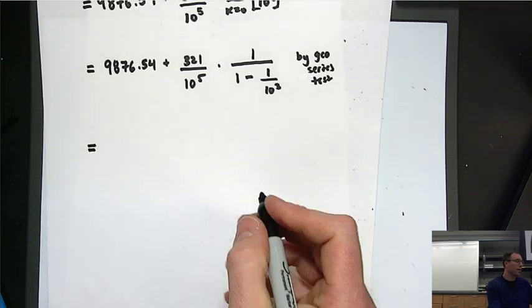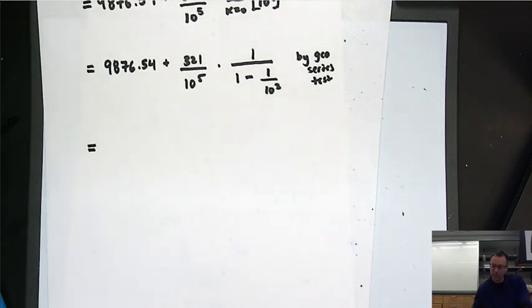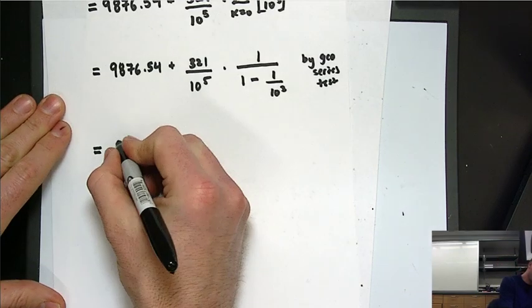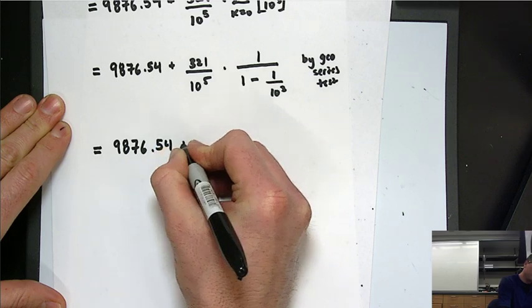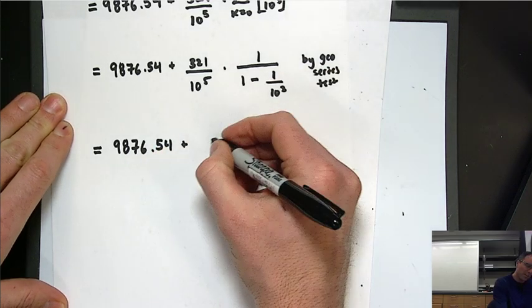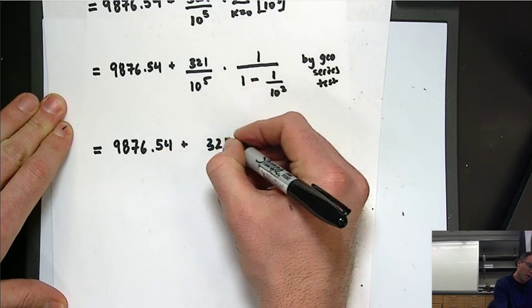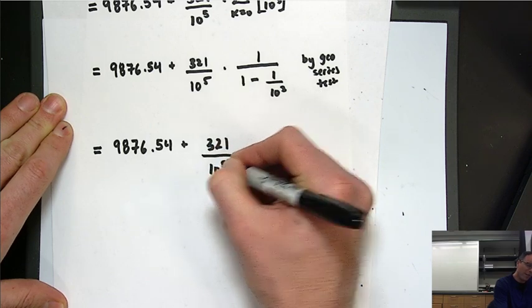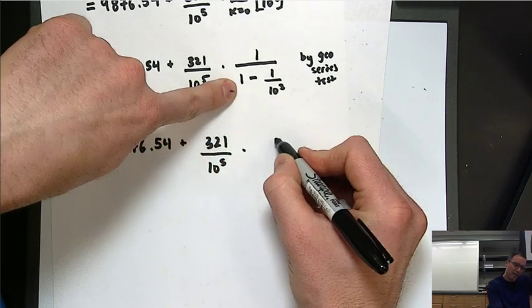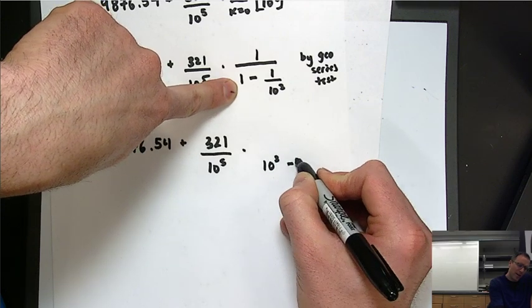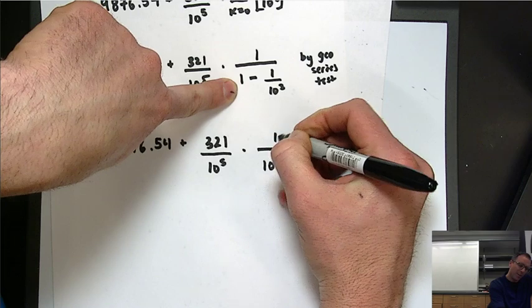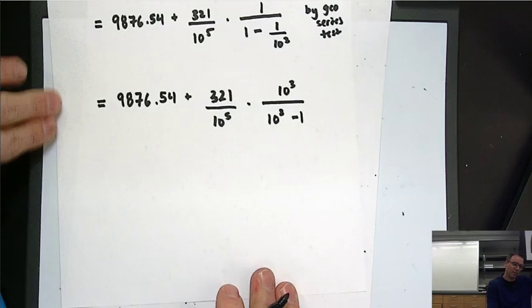Could someone get me a concrete formulation of this thing? So one thing that you could do immediately, so what is this? 321 over 10 to the fifth times, I suppose this is going to be 10 to the 3 minus 1, right? And on top it's going to be 10 to the 3. Is that right?